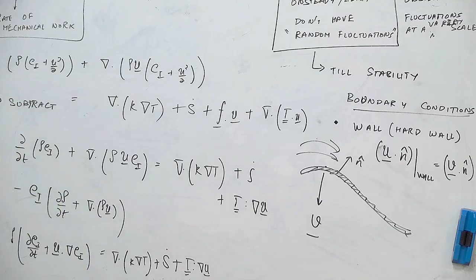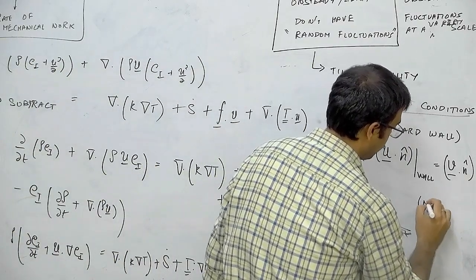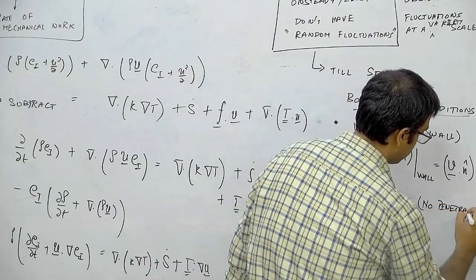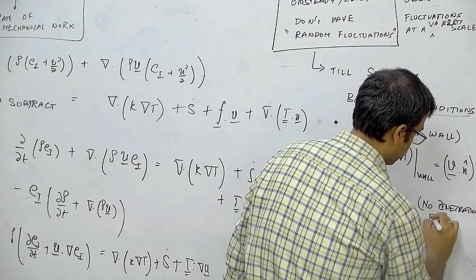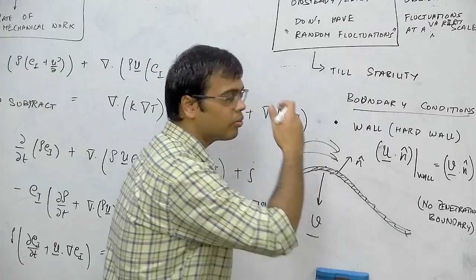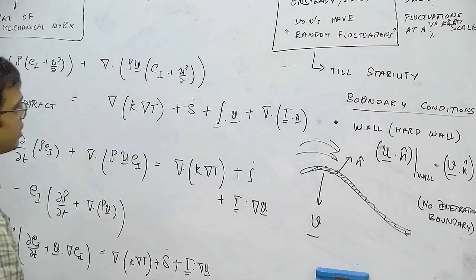Velocity of the fluid at the wall, not everywhere, at the wall, is equal to the velocity of the wall. This will be called no penetration boundary condition. So the hard wall boundary condition is a part of two boundary conditions. The first one is called the no penetration boundary condition.